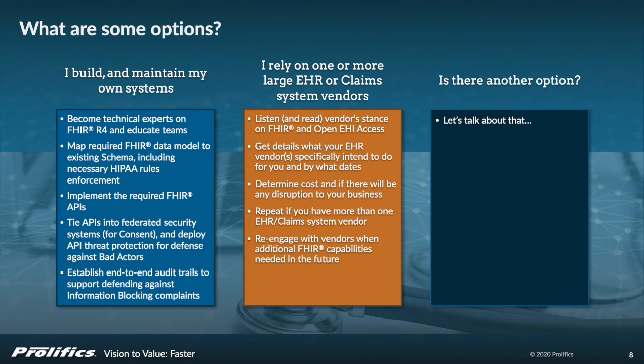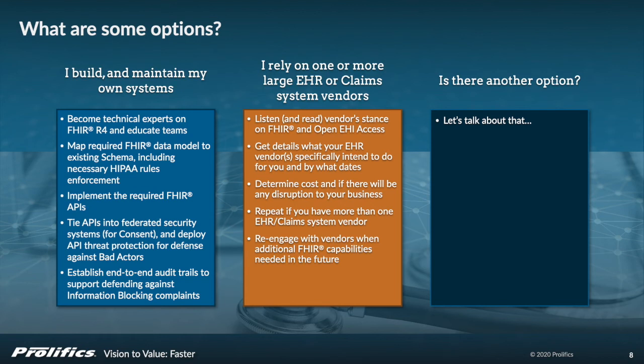The other bucket is a business who effectively relies on one or more vendors for their systems. A lot of, if not most, providers fall into this bucket, where providers typically run their businesses on big EHR, EMR systems from very large vendors, and you're going to be relying on those vendors to provide that capability for you so that you can become compliant within the mandate deadlines.